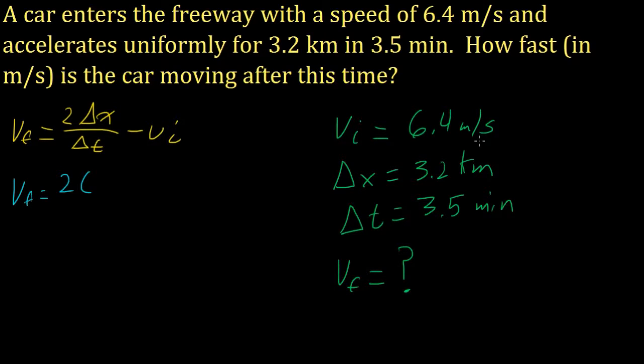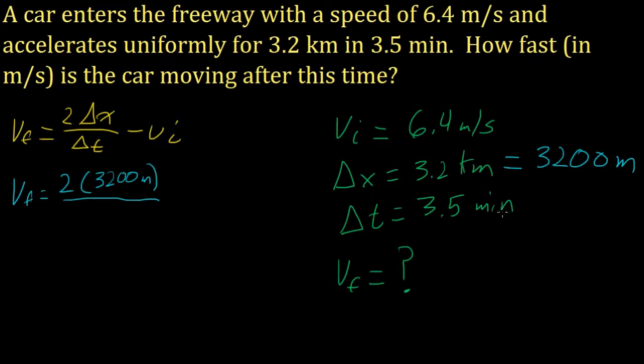We need to be in meters per second. We need all of our units to agree. So we've got to convert 3.2 kilometers to meters. Luckily, that's easy. That's just 3,200 meters. Okay, crisis averted. 2 times 3,200 meters divided by time, delta t, which is 3.5 minutes.